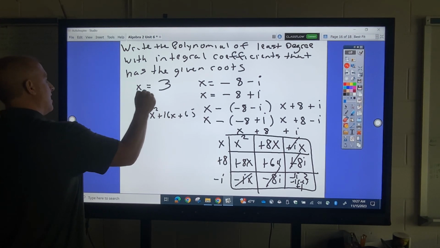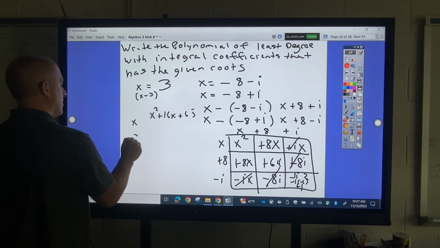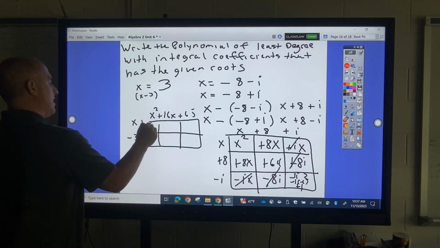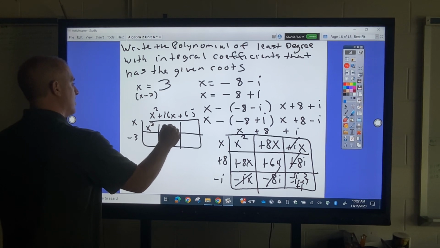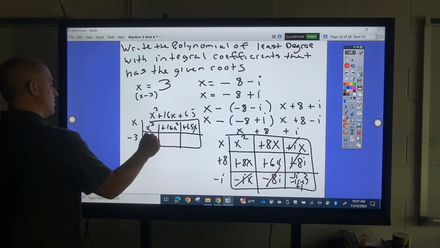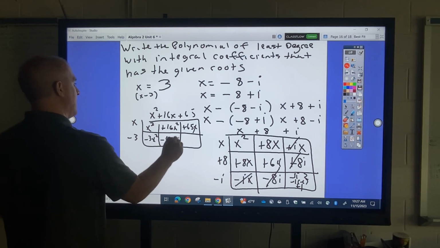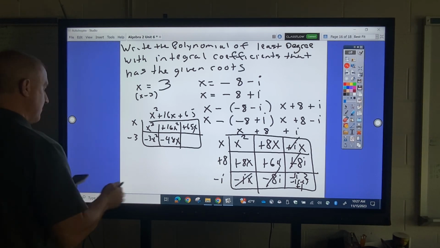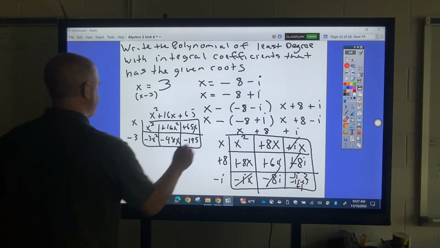This is just going to be x minus 3. This is going to be x cubed plus 16x squared plus 65x. This is negative 3x squared, negative 48x. 65 times negative 3, negative 195.